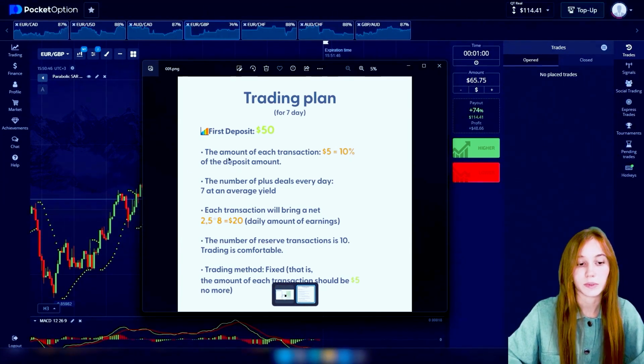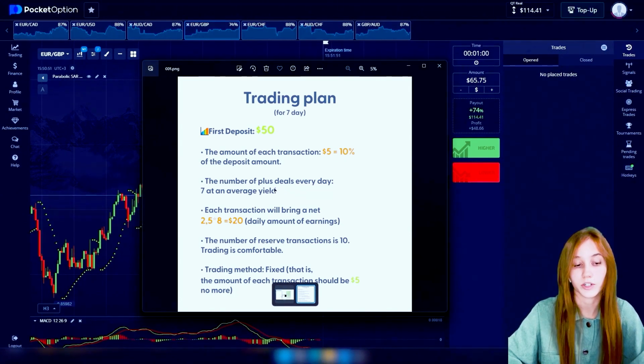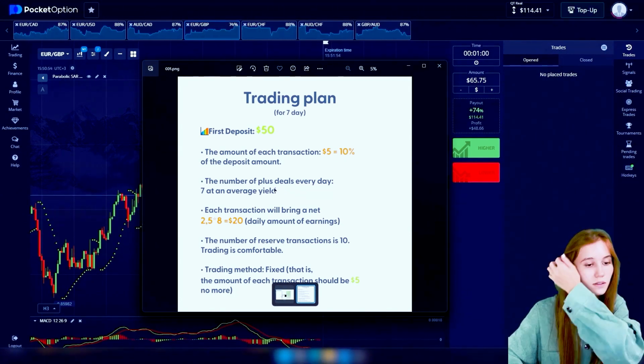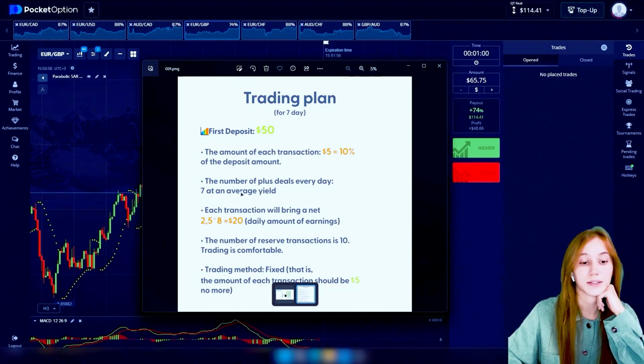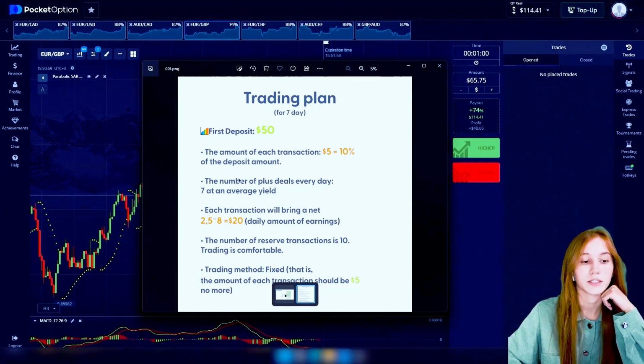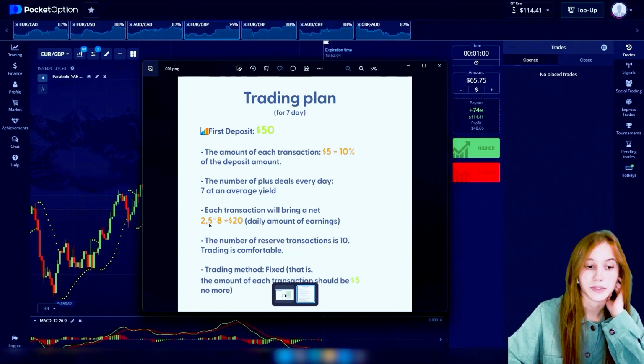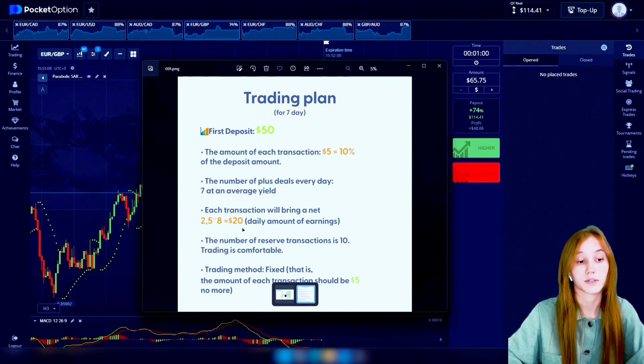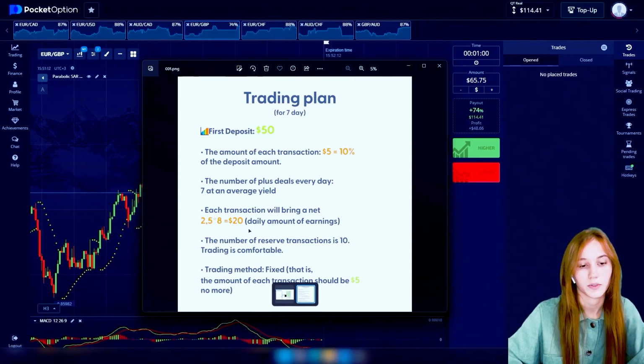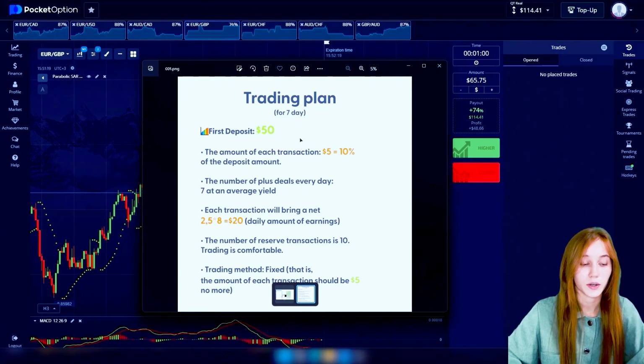And the number of profitable deals we have every day is an average number of successful deals. 7 days of profitable ones. Every deal will bring at least $2.5, plus or minus maybe. So you can use it. So I repeat, this depends on your initial deposit.